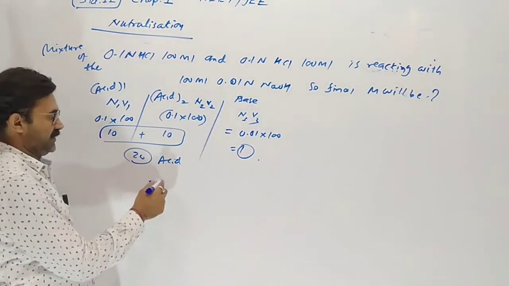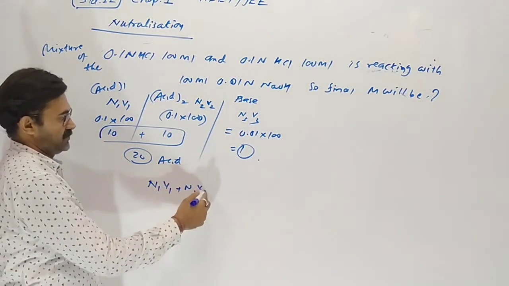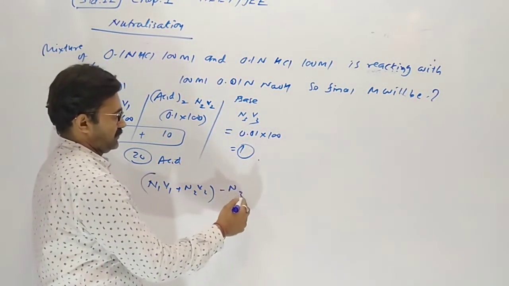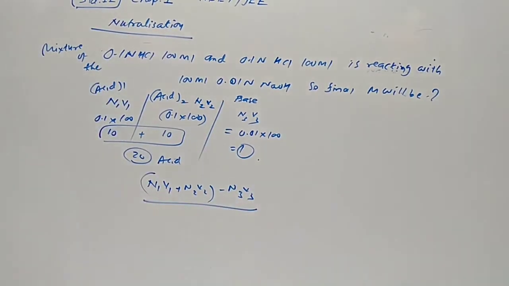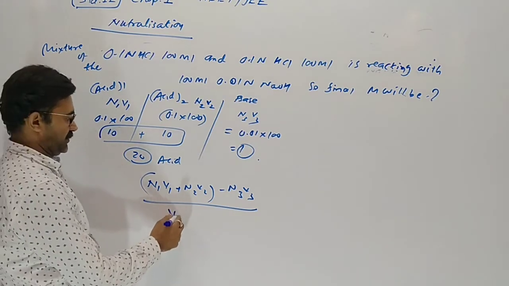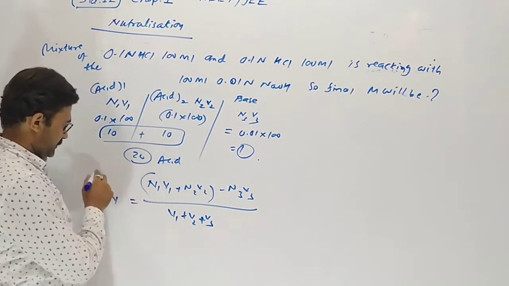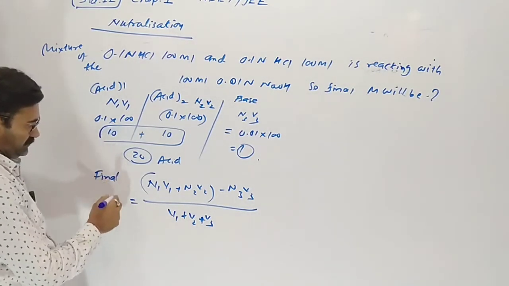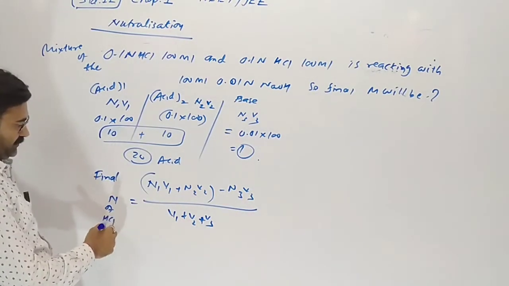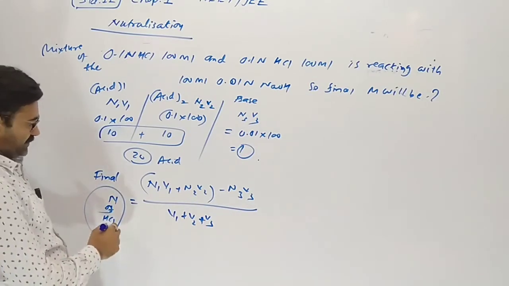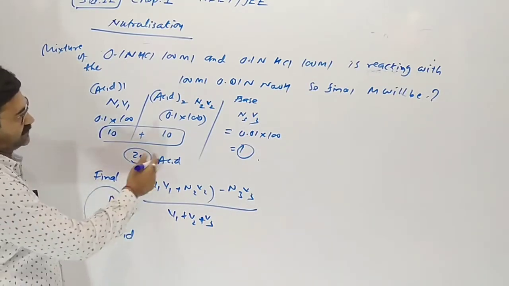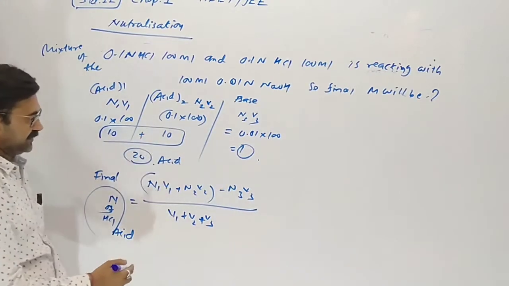In this case, N1V1 plus N2V2 minus N3V3, divided by V1 plus V2 plus V3, gives the final normality of the acid.